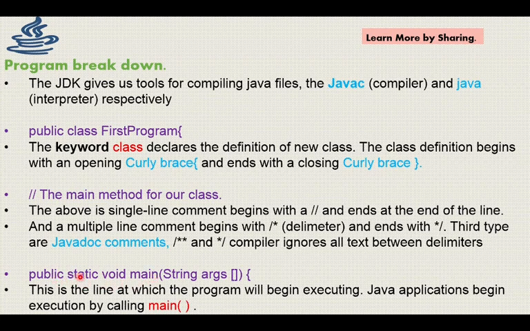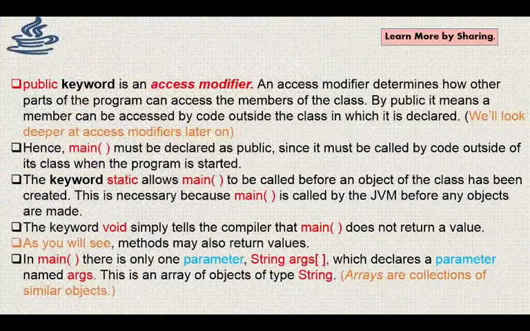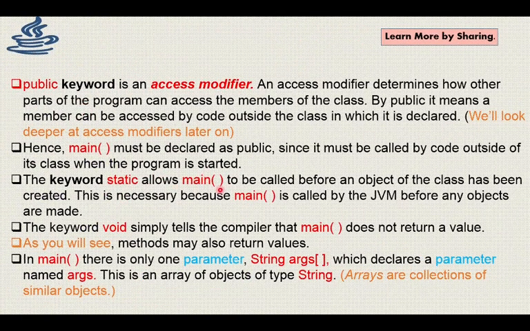So we go to static right there. Static allows the main method to be called before an object of the class has been created, right? So we'll look at objects of a class and how to use objects in Java programming later on.